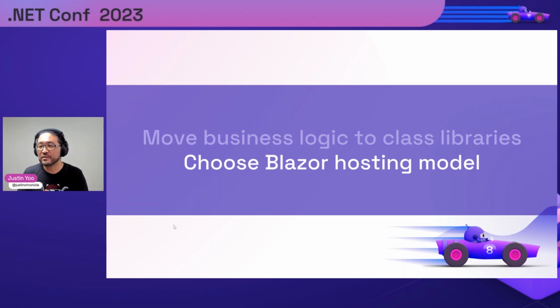Once you have successfully separated your business logic from the WebForms application, then choose an appropriate Blazor hosting model. Until .NET 7, we have two hosting models, right? One is the server mode, known as Blazor Server, and the other is the client mode, known as Blazor WebAssembly. Now, in .NET 8, we have introduced a new hosting model called streaming mode, known as SSR, which stands for server-side rendering.